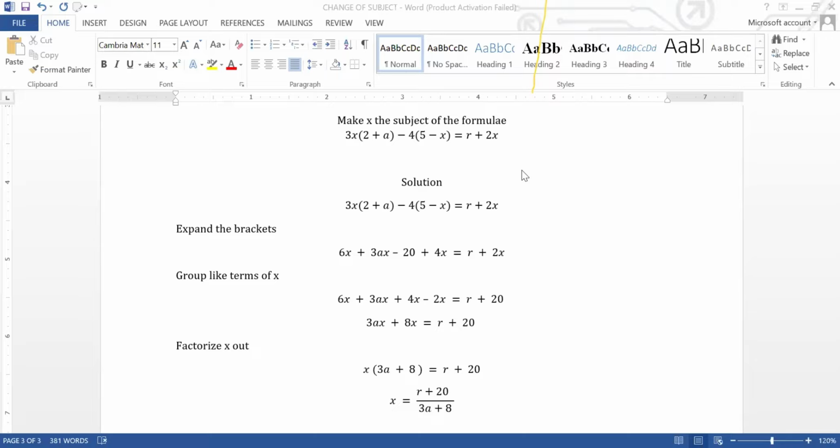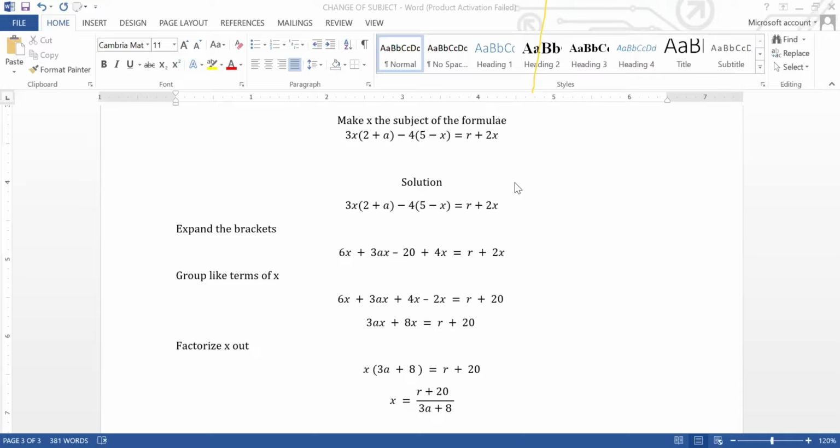So when you simplify this, the 6x plus the 4x minus the 2x will give you 8x, and then you bring down the remaining, which is 3ax, which is equal to r plus 20. So with the 3ax plus 8x, you factor out the x.